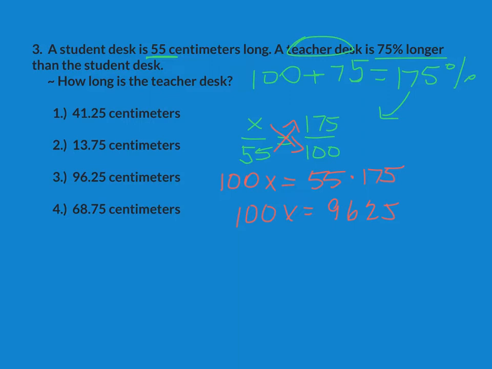I then divide both sides by 100. These cancel. I'm left with X equals 96.25. Let me fix that for you. 96.25. And look at that, there it is. It is choice number 3.